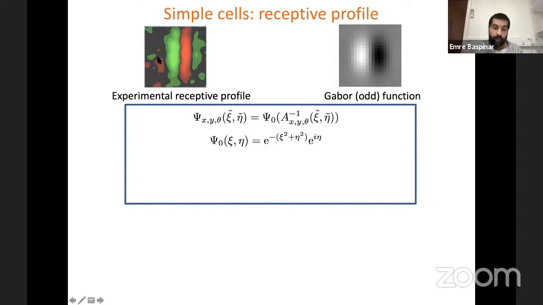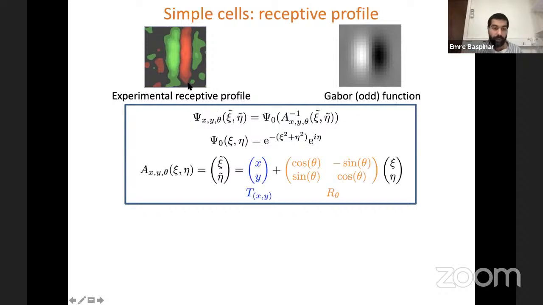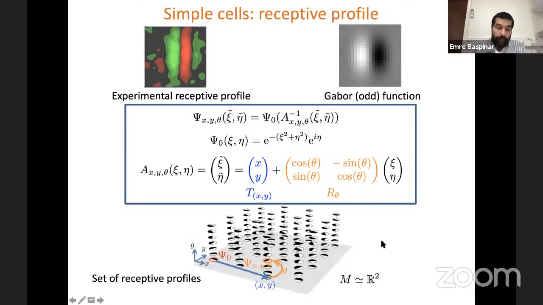And the relation between this generic expression of a Gabor function and the Gabor mother function is found through the following coordinate transform, which is represented by capital A, and which basically says: take your Gabor mother function psi 0, which is presumably located at the origin of the two-dimensional image plane M, the two-dimensional Euclidean plane, translate it to the point with the coordinates x and y, and rotate at that point your translated Gabor mother function by the orientation angle theta.